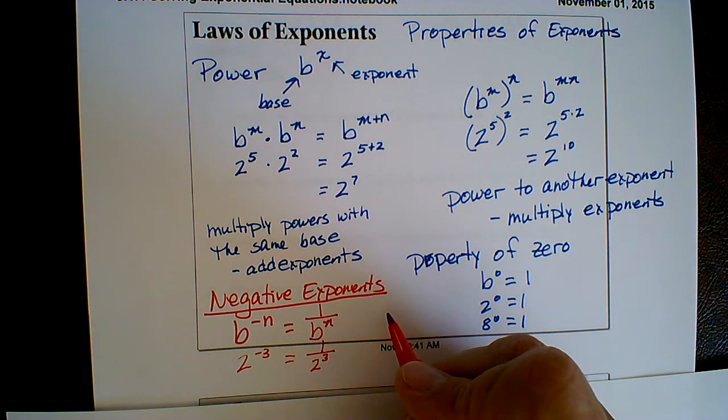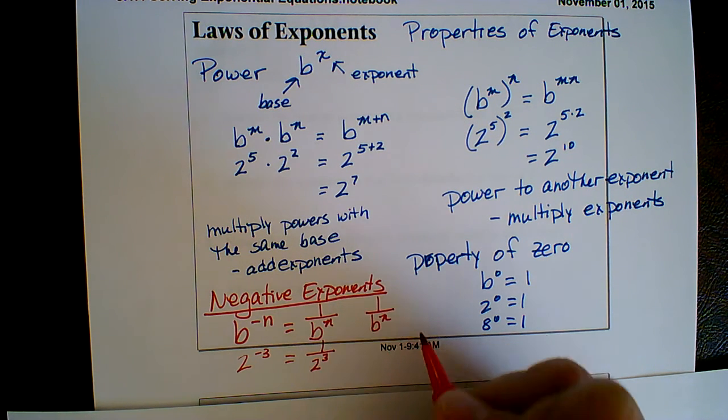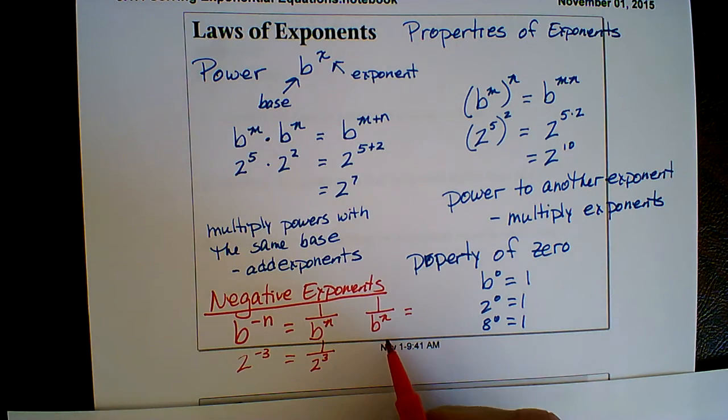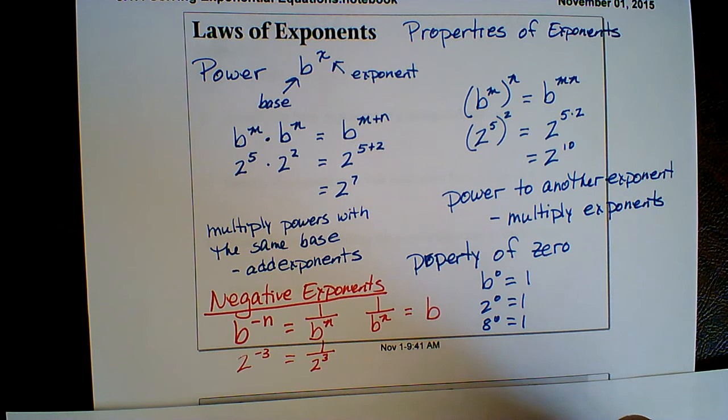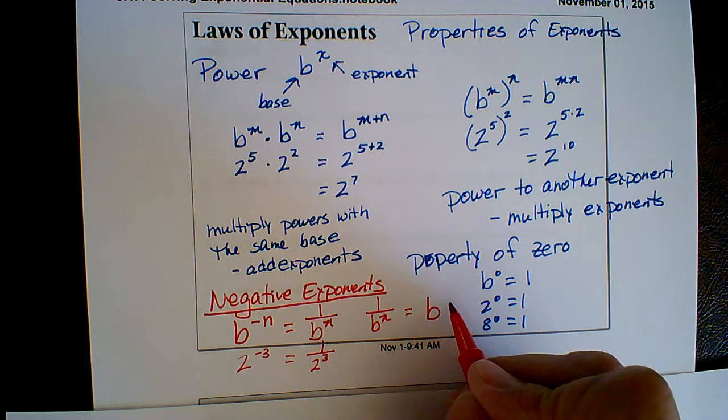Same situation, but this time I'm starting with 1 over b to the n. So I need to figure out what my base is if I don't have it in a fraction. So if it's already in the denominator and I want to take it out of the denominator, then I know that means it's a negative exponent.